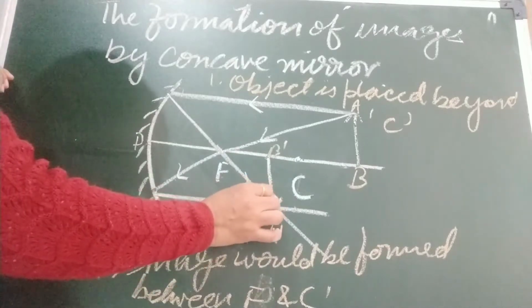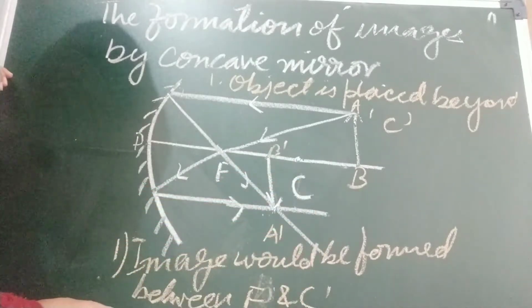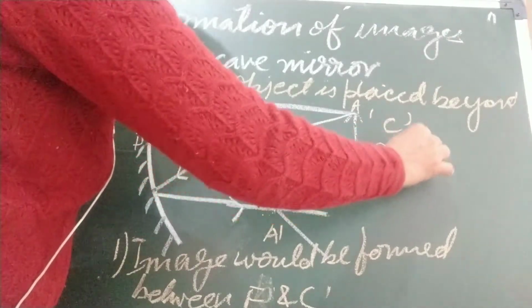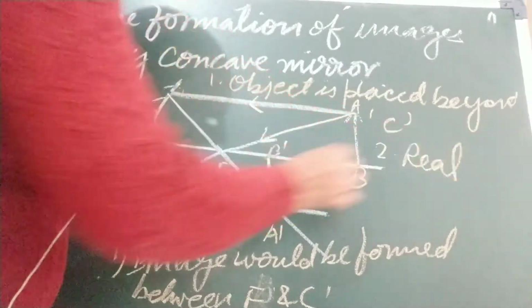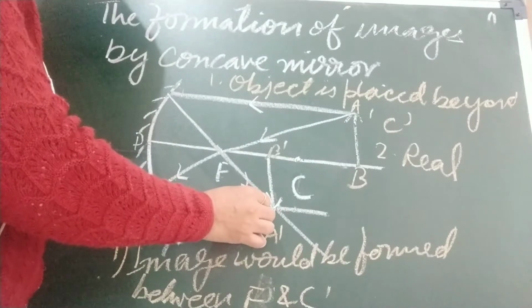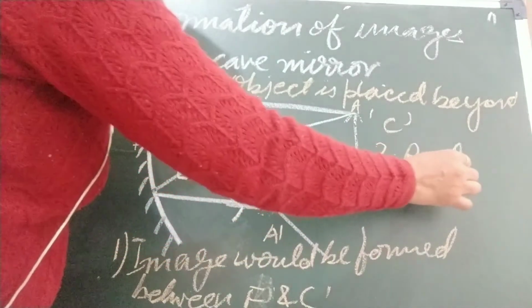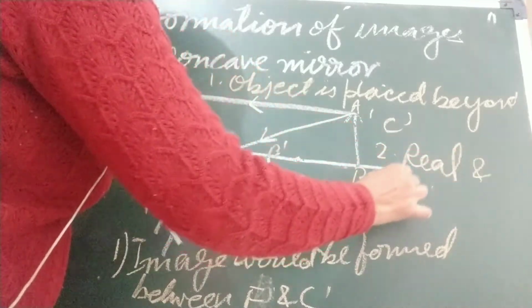Real and inverted. Second, here I am writing down real and inverted. Real image is always inverted and we can get it on screen. That is why real and inverted.